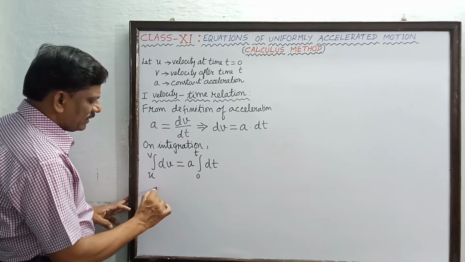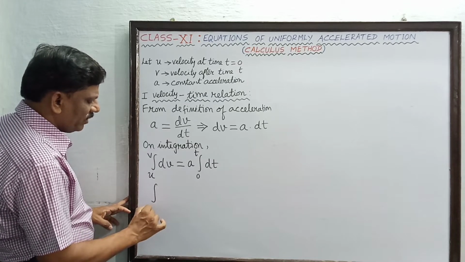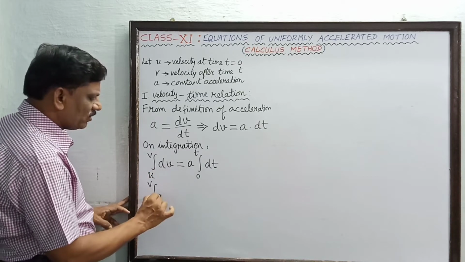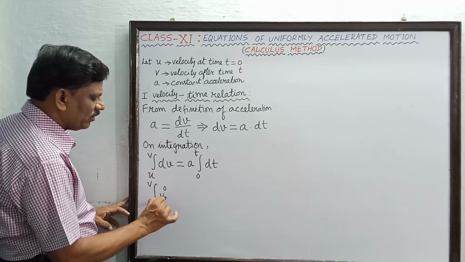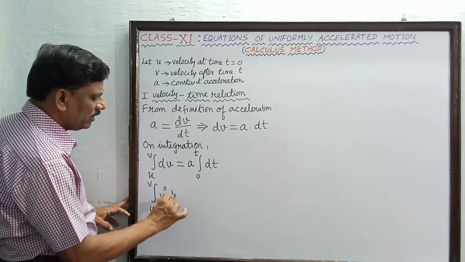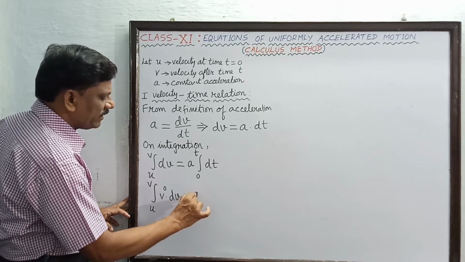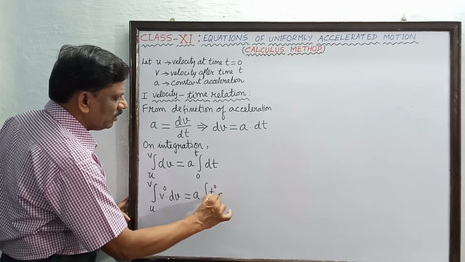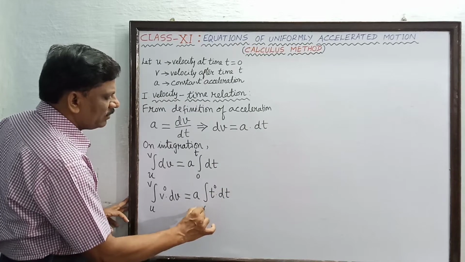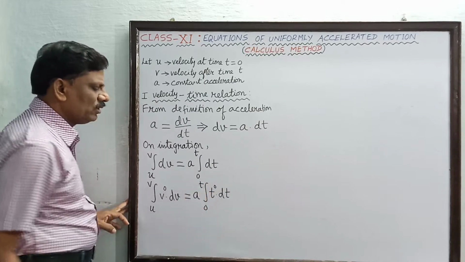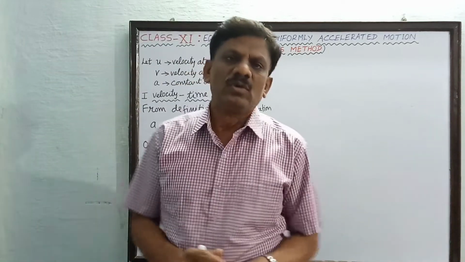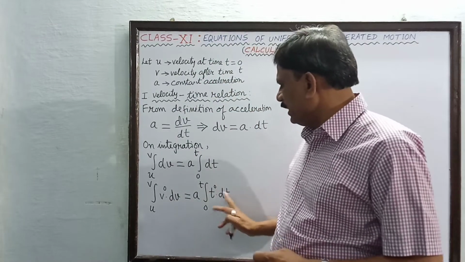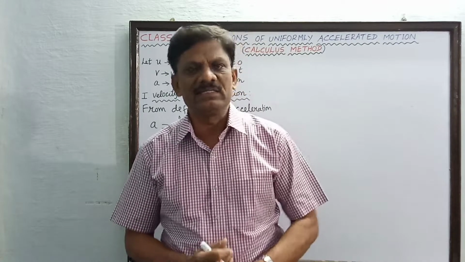Now this is the integral from u to v of dv, so this is what? v power 0 into dv. So this is equal to acceleration a into t power 0 into dt between the limits 0 to t. So it is 1 into dv on the left hand side and 1 into dt on the right hand side.